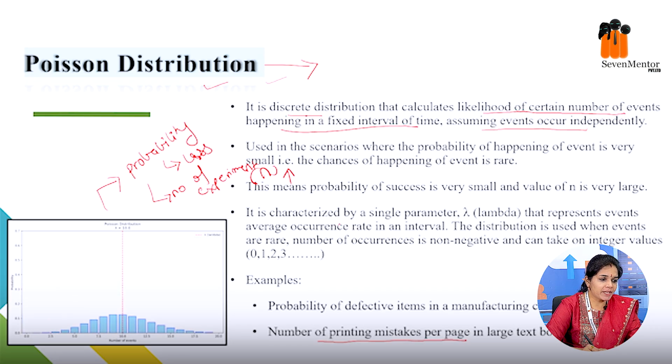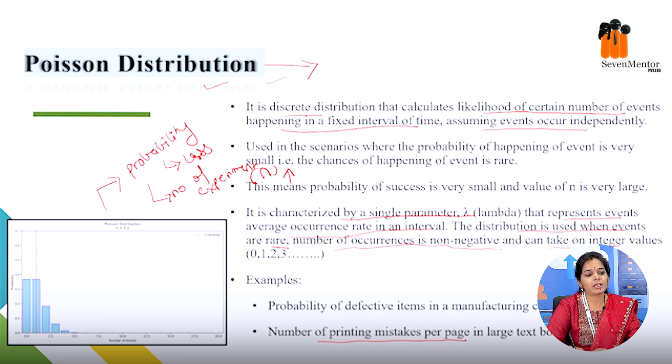It is characterized by a single parameter, lambda, that represents the event's average occurrence rate in an interval. The distribution is used when events are rare. The number of occurrences is non-negative and can take integer values. These are just the concepts related to the Poisson distribution, the technical concepts.